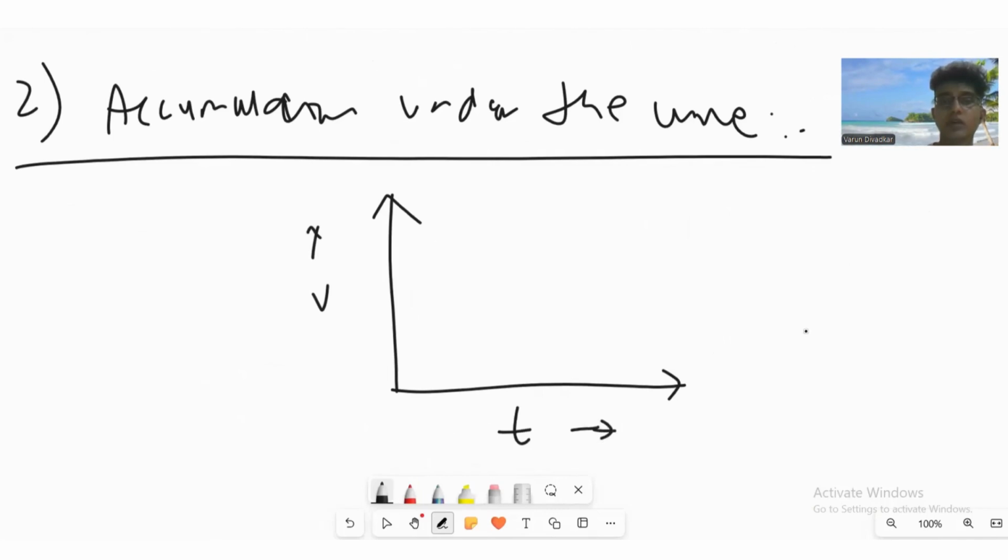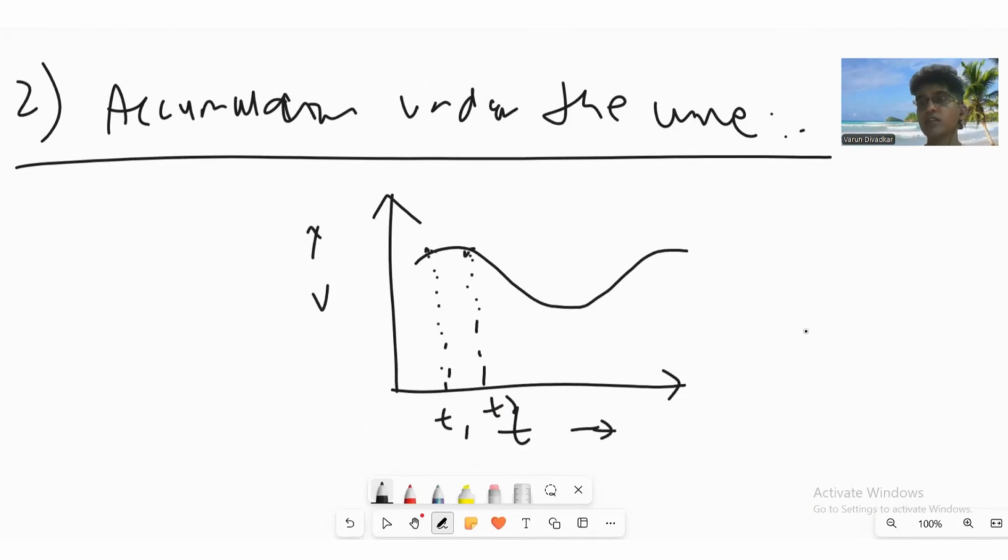So let's say a curve looks like this, where any point of the curve represents the velocity of your car at a particular time, say t1, velocity at say time t2, right? Now, if you want to know the total distance traversed by this car from beginning to the end, right?